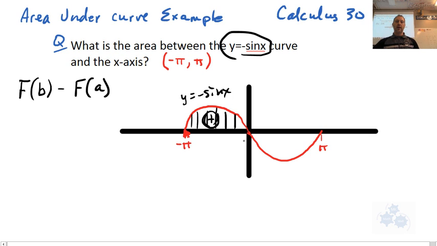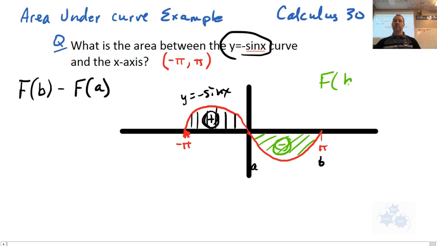So for this area, if this was b and this was a, we would get a positive value, right? If we did the same thing over here and we said this was b and this was a, right boundary, left boundary, this under here is going to be what? You're going to get a negative value when we do this.